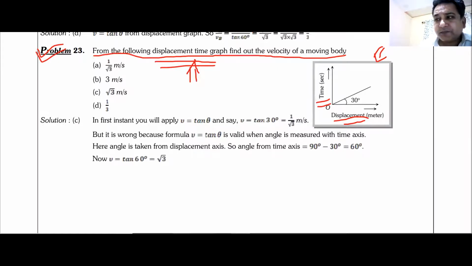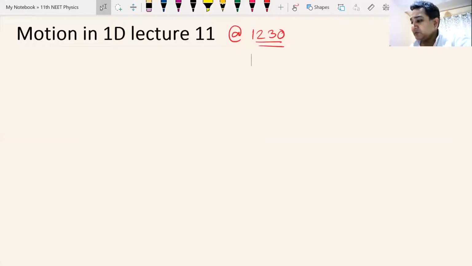Okay, so I will try to do this here. I hope we have all seen the graph. So how does the graph look? This is question number 23.